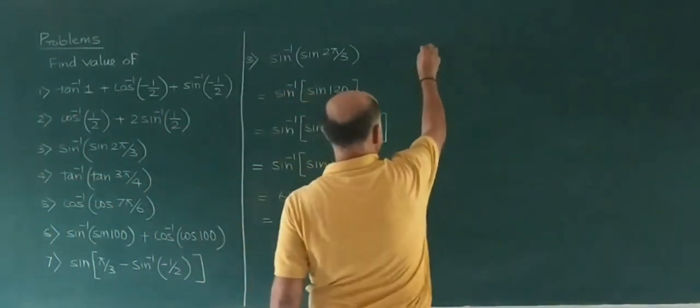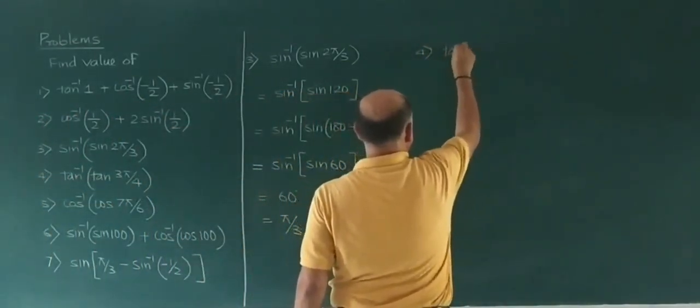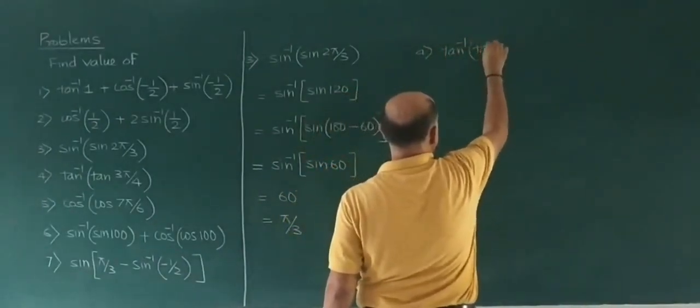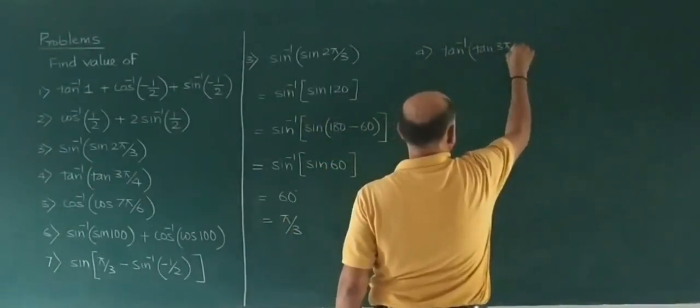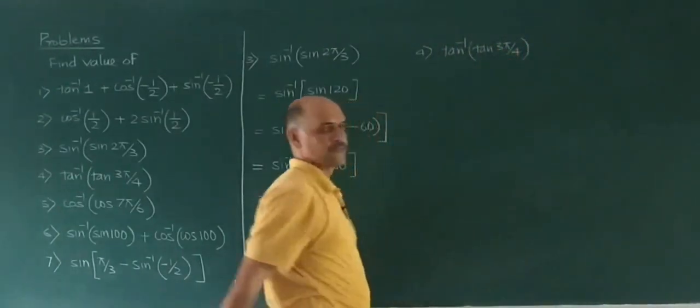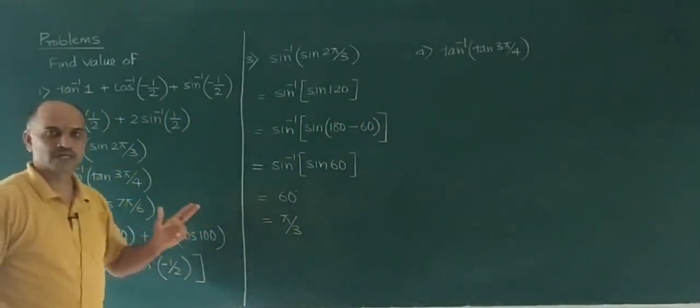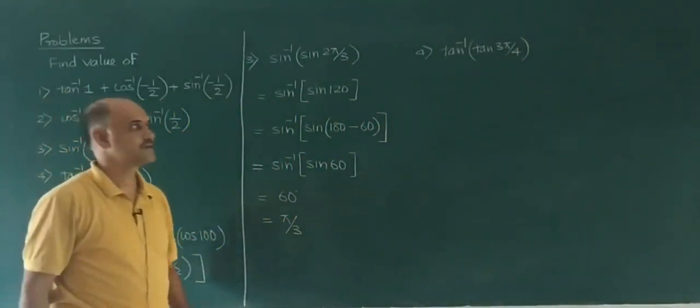Fourth, if I take tan inverse of tan 3 pi by 4. Again, same steps you follow. If you are uncomfortable with radian, convert it to degree.